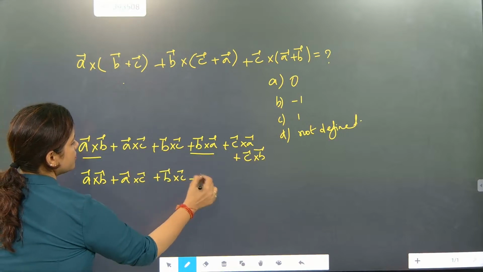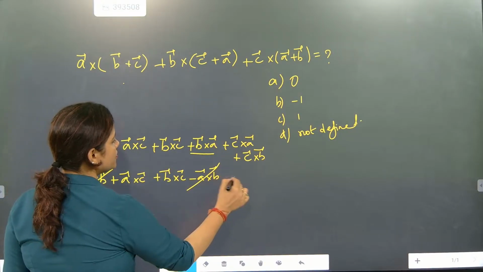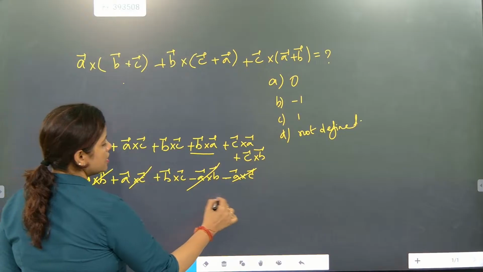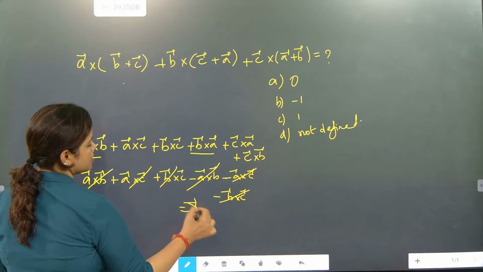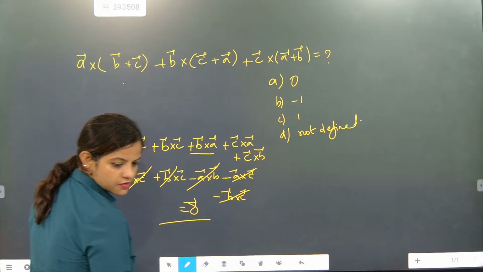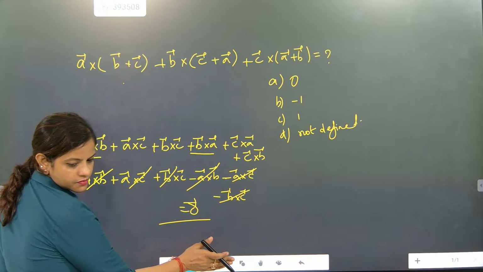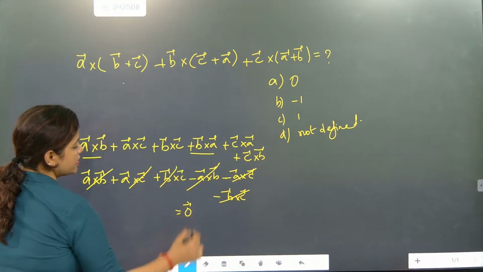If you turn it, it will become A vector cross B vector, story over here. Now this will become minus A vector cross C vector, story over here, and minus B vector cross A vector, story over. So this is exactly coming as the 0 vector, that is 0.